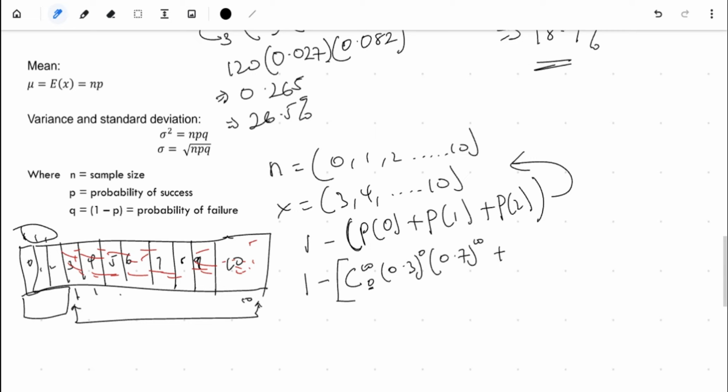Plus, you can do them separately, or you can bring them like this. The combination of the same 10 students, probability that 1 majored in finance: the success is 0.3, and 0.7 is for those who did not major, which is 1 minus the 10, which will give you 9. Plus our combination of 10, 2, plus this 2, probability of success, which is 0.3.